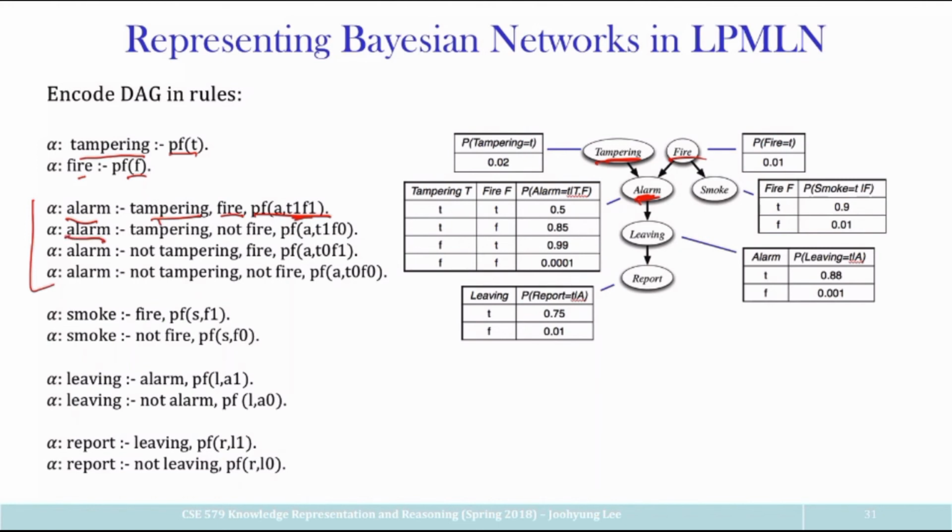There's also another possibility that alarm can be true when tampering is true but fire is not true. Then you have to use a different probability fact, A1, F0. Same for this. If it's not tampering but fire, then use T0, F1. And if it's not tampering, not fire, then use T0, F0. And that's all you need to do to encode the Bayesian network.